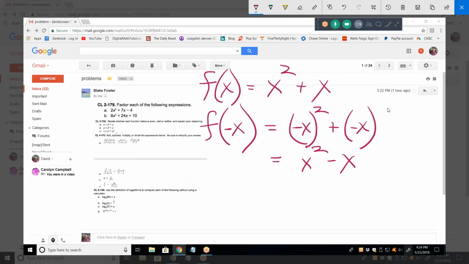Neither. In other words, I cannot turn that into f of x, certainly. F of x is x squared plus x. And it's not negative f of x. We just saw that negative f of x is minus x squared minus x. So that's neither.